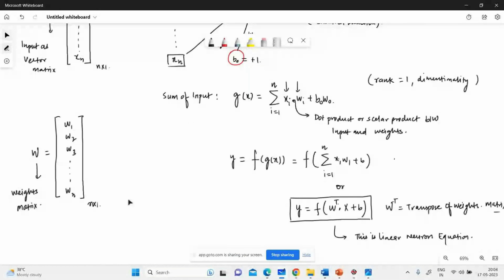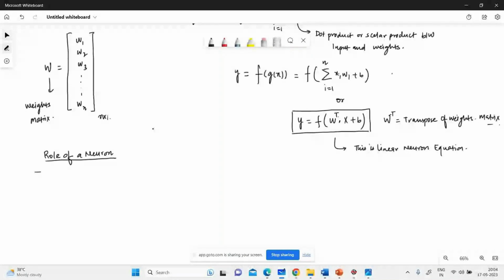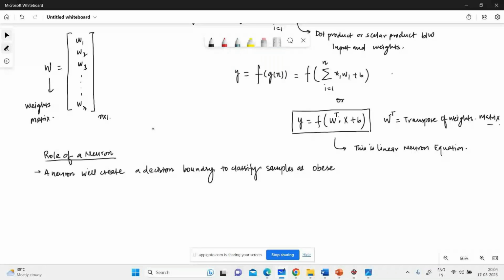Now let's talk about the role of a neuron. A neuron will create a decision boundary to classify samples as obese, or let's say samples as face or not a face, or let's say classified as person 1, object 1, and object 2.